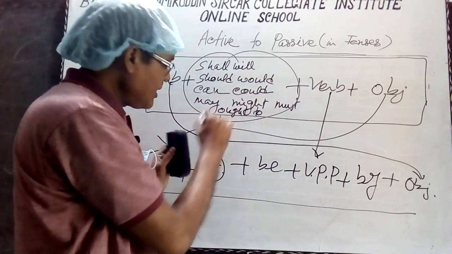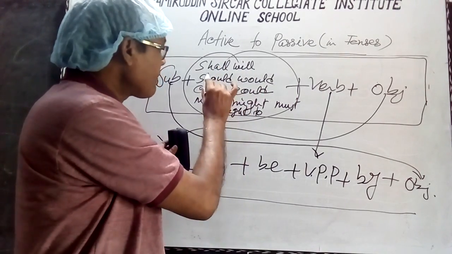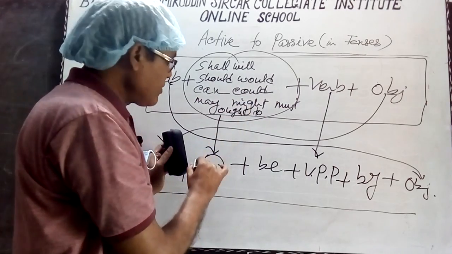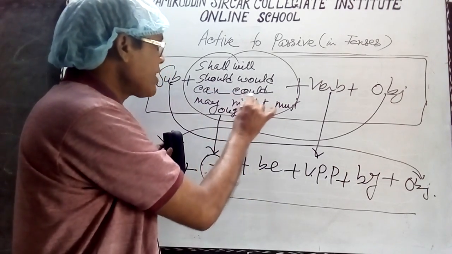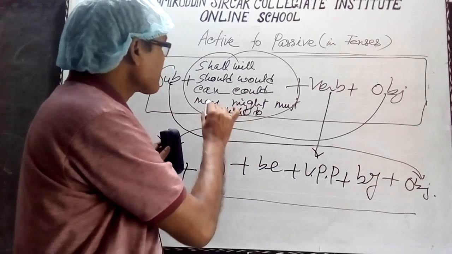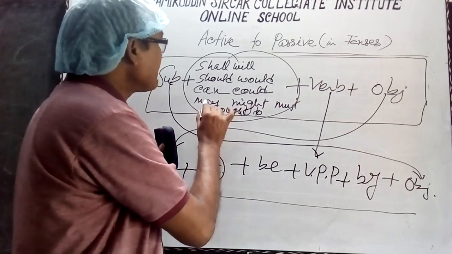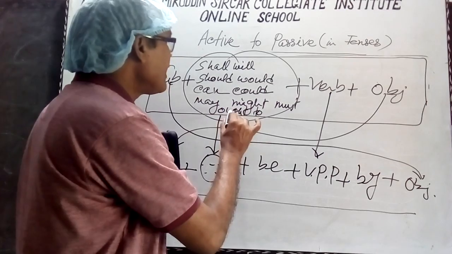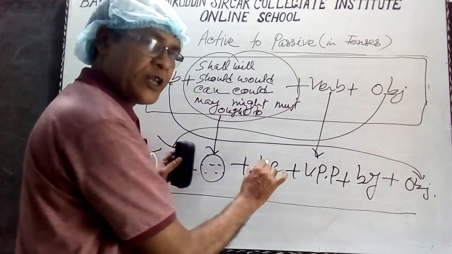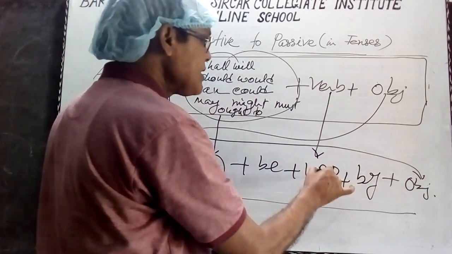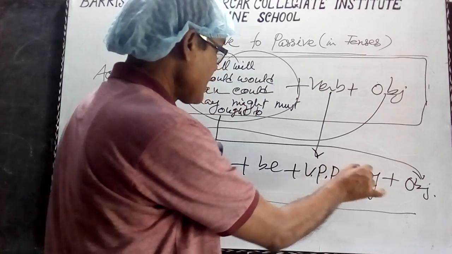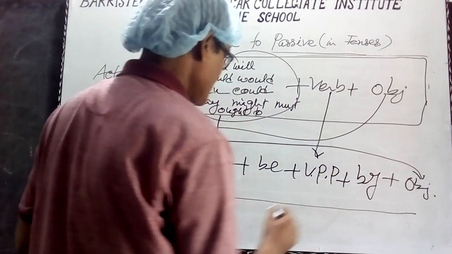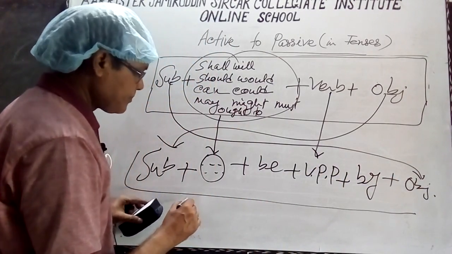If there is shall or will, there will be "shall be", "will be". If there is should or would, there will be "should be", "would be". Then "can be", "could be", "may be", "might be", "must be", "ought to be", and the verb will be in the past participle form, then "by", and the subject will be the object. Let's see some examples.